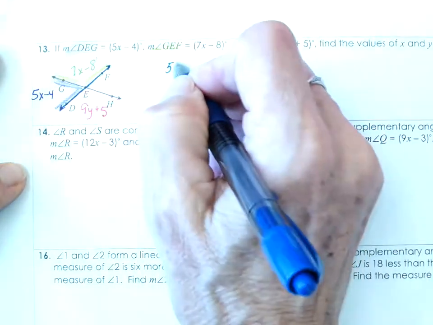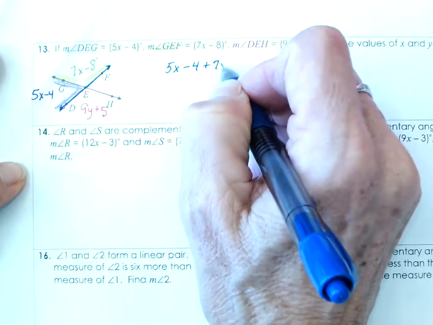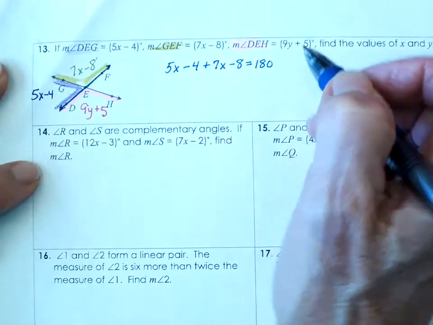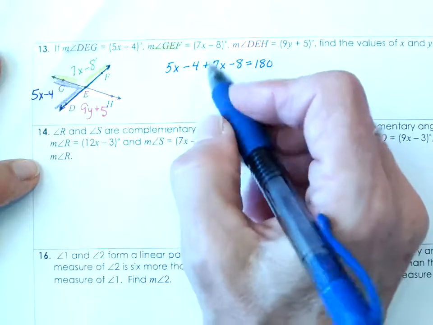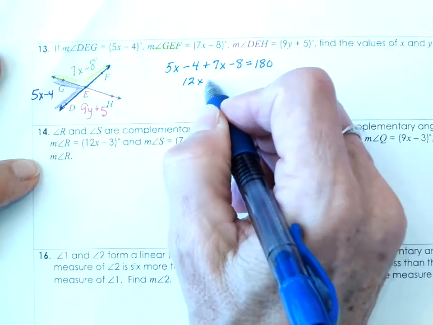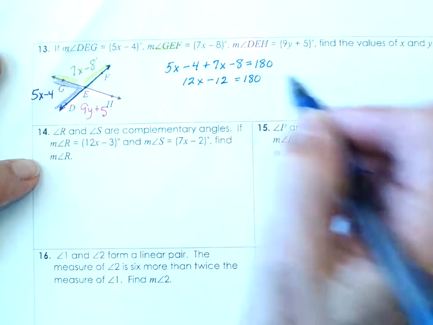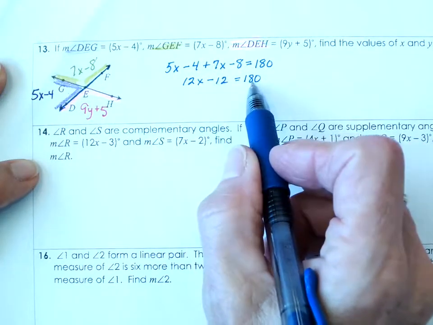So I can solve this equation, 5x minus 4 plus 7x minus 8 equals 180. That will help me find x. Combine like terms. I have 12 x's all together, minus 12 equals 180. I have to add 12 to both sides.